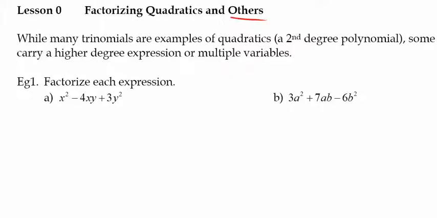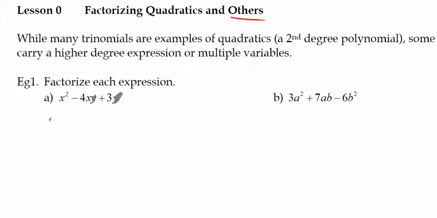So here in example number 1, when you take a look at this trinomial, x squared minus 4xy plus 3y squared, we've seen this kind of question before, probably without the y. You know how to factor a trinomial like x squared minus 4x plus 3.